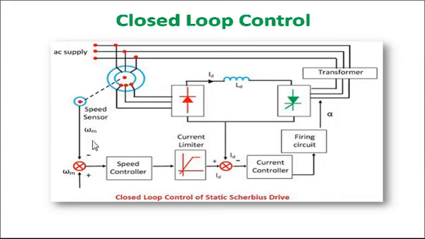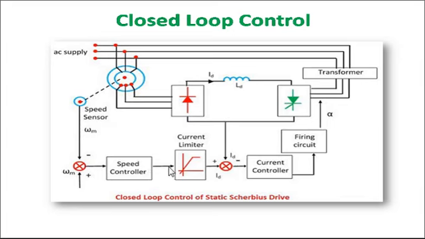Speed is sensed with the help of a sensor, and here we can feed the required speed. The error of the actual speed and the required or desired speed is given to the speed controller.